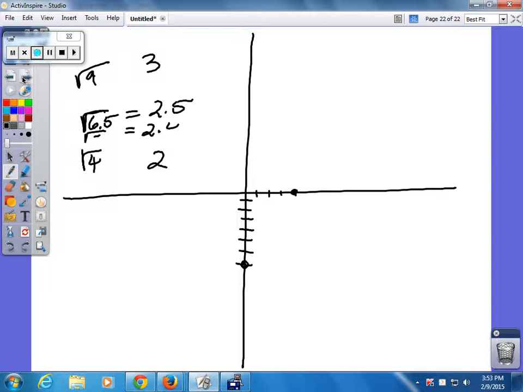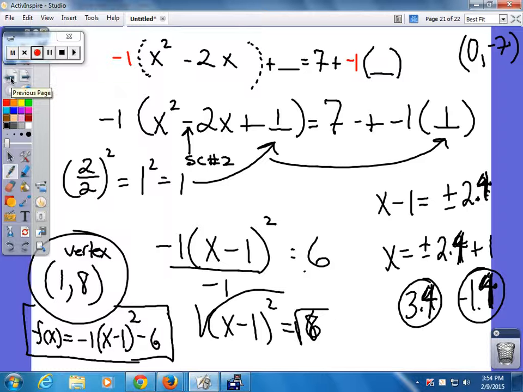What's the vertex? Let's do the vertex. The vertex is what? 1 and 6, positive 6, is that the vertex? Make sure I didn't do it wrong. Yeah, 1, negative 1, and negative 6.